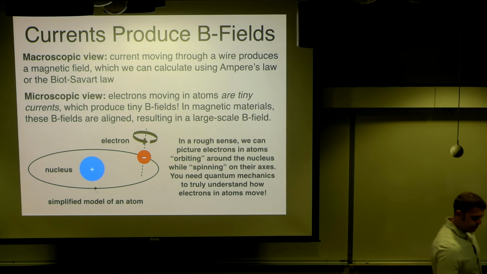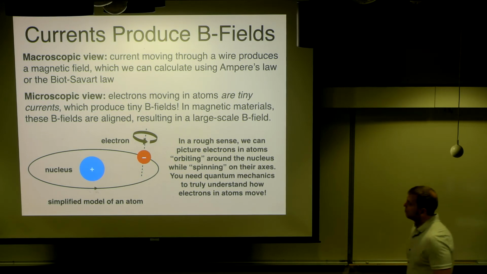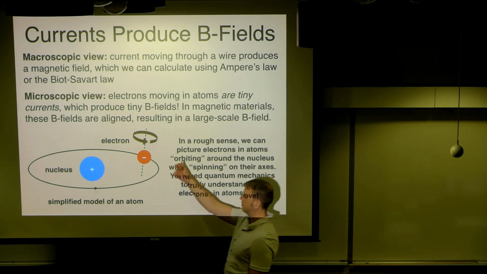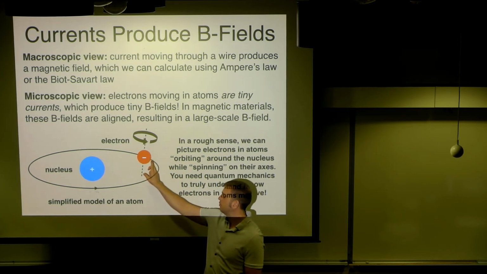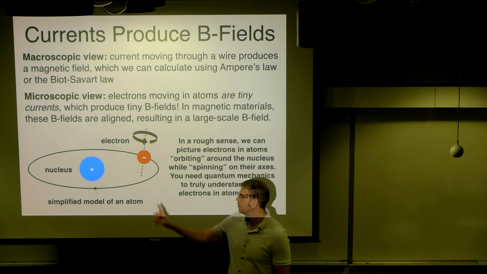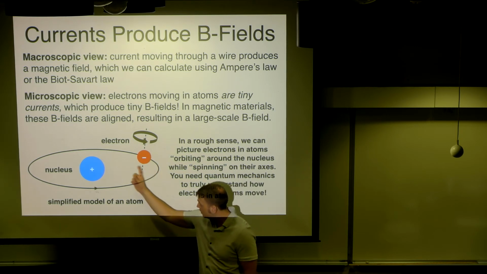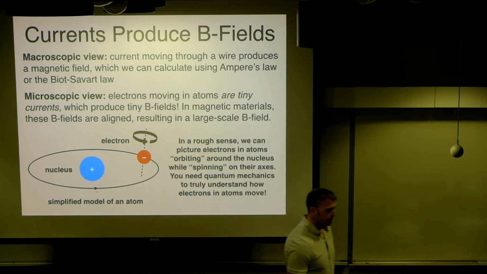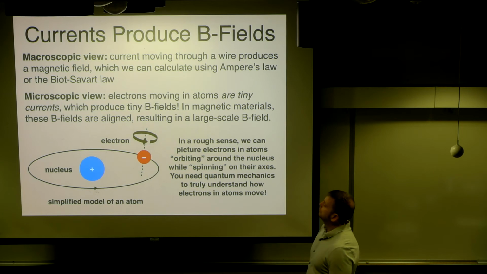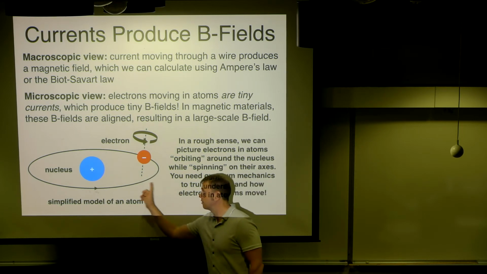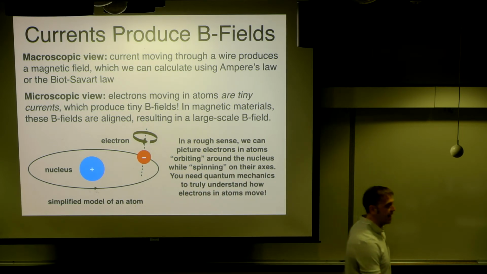At the same time, the electron itself has a property called spin, okay? It's kind of like the electron itself is spinning on its axis, much like the Earth spins on its axis and also orbits the sun, okay? Again, that picture is grossly oversimplified and kind of wrong in some ways, but it's just a useful mental picture to see how we have electric currents even within an atom, okay?